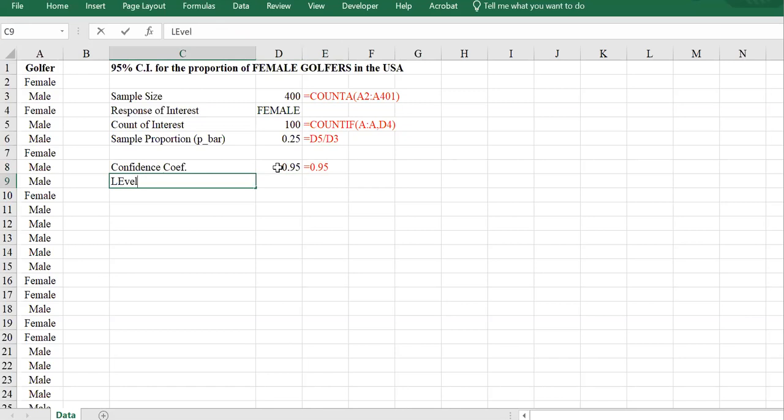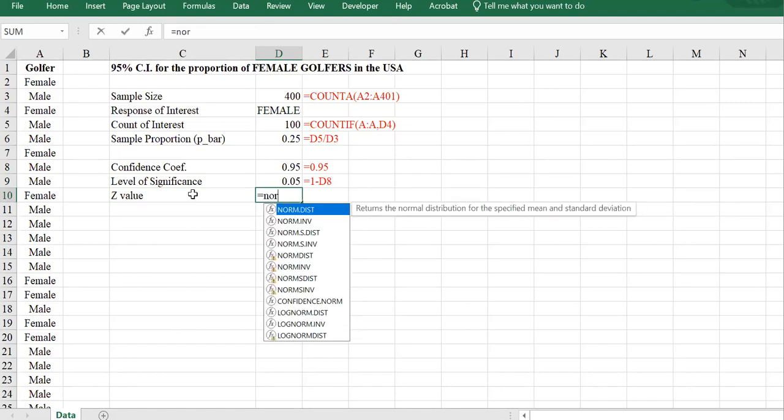And then the level of significance would be 1 minus the confidence coefficient. If the confidence coefficient is 99%, your level of significance would be 1%, or for 95%, 5%. All right. And now the z value for alpha, we're looking for z of half of alpha.